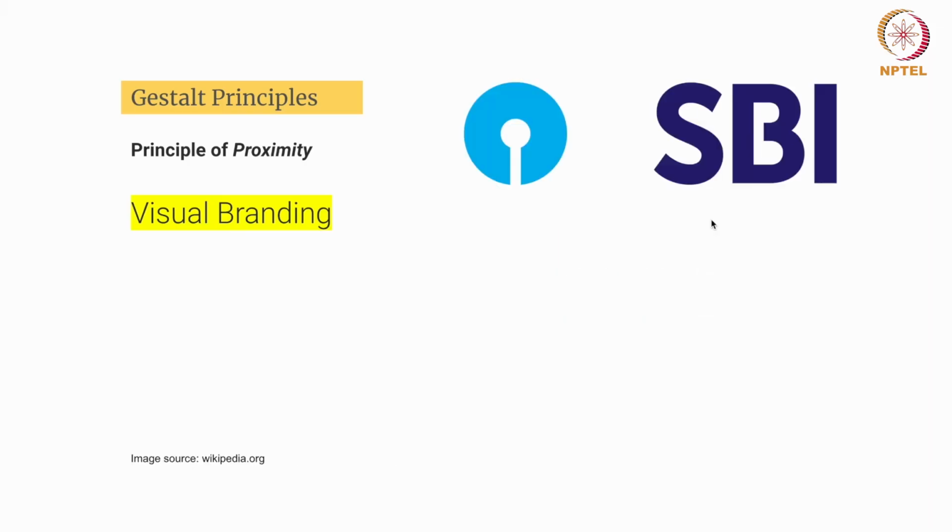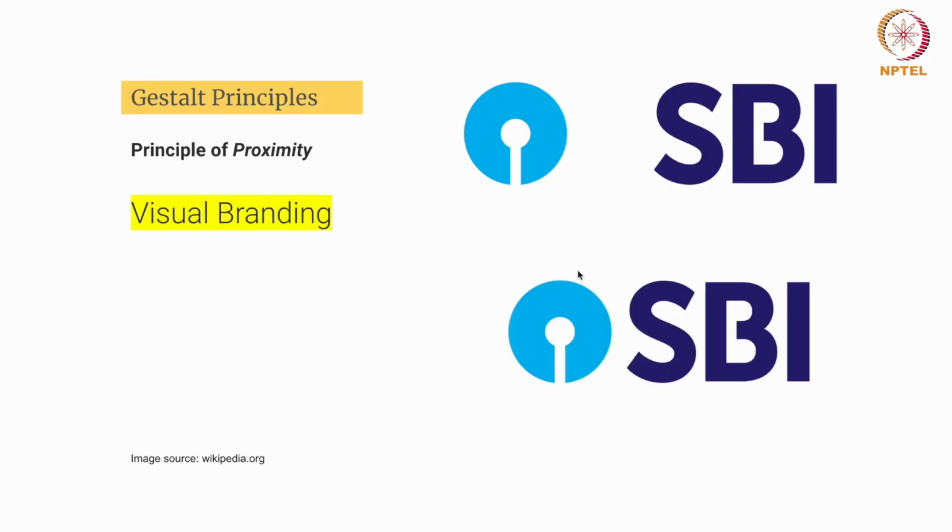Same goes for our SBI logo, where if things are far apart, there might be an issue in terms of representation, but this makes sense when the overall brand mark and the logo type are thoughtfully crafted in such a way that it is close to this.